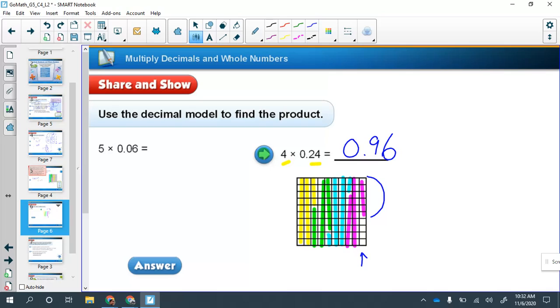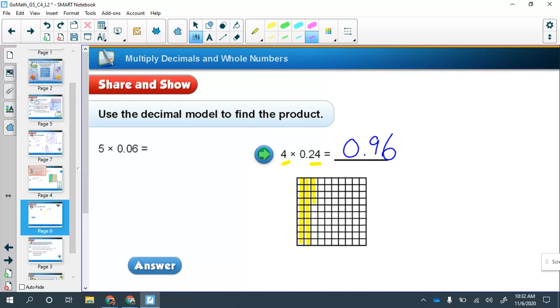Now, one thing I do want you to be careful of as you're shading in these models is sometimes students are tempted to go through, and let me just erase this and I'll demonstrate it, right? They're tempted to try to go through and instead of combining together different columns and rows, they will try to do this.